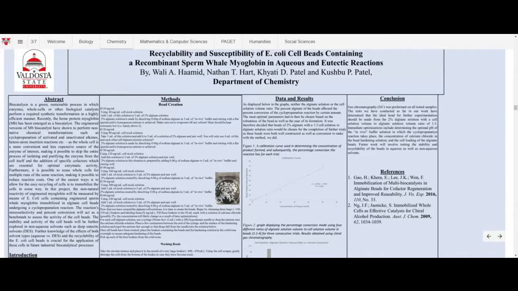So we're doing it for recyclability and use purposes. We engineered a DNA, and the way we were testing to make sure it works correctly is we made E. coli cells containing that engineered myoglobin and turned them into beads. With those beads, we ran a reaction that we later GC'd to understand if it gave us what we needed out of the reaction.